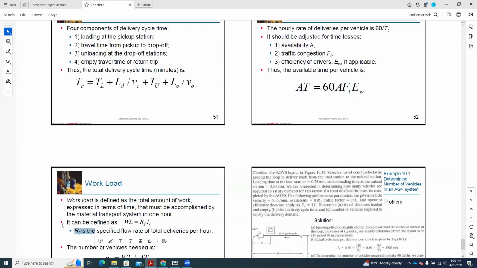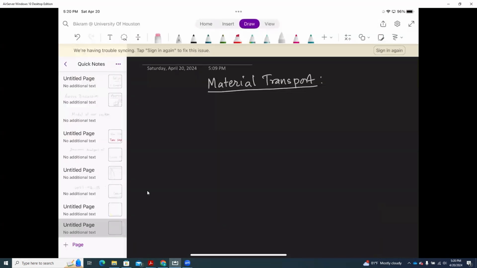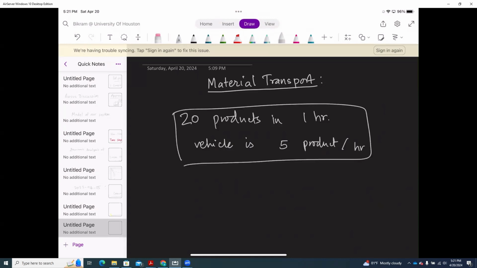For example, if you have to deliver 20 products in 1 hour, and if a vehicle's capacity is, let's say, it can deliver 5 products per hour, it can only deliver this much, then with these two pieces of information, you know that we need 4 vehicles.